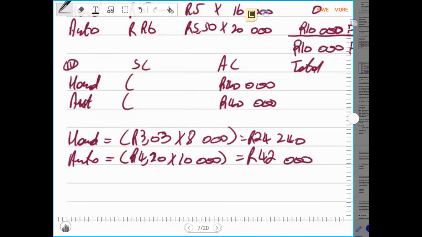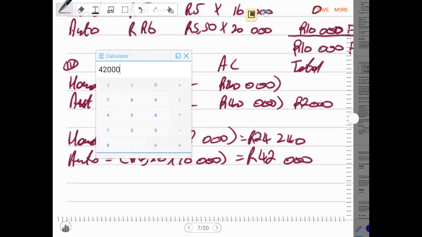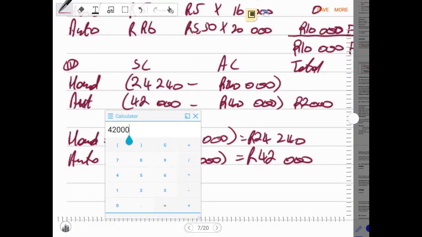So this will be 24,240 minus actual, then 42,000 minus actual. And the variance here will obviously be 2,000 favorable. And the variance here will be unfavorable.